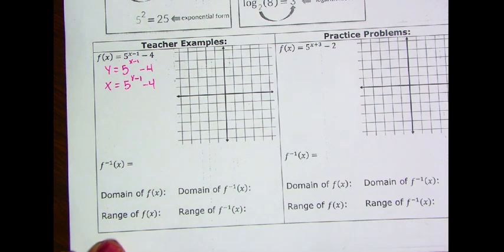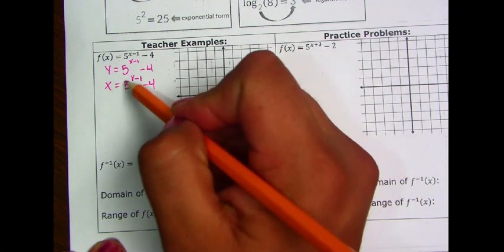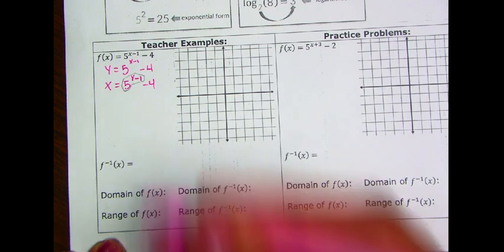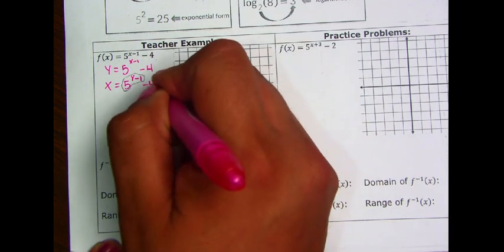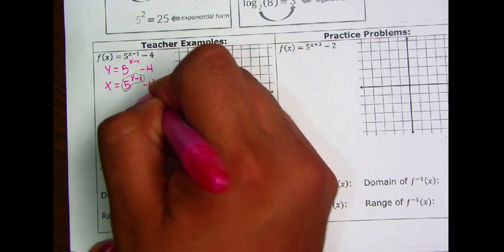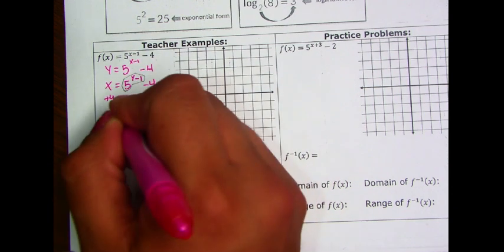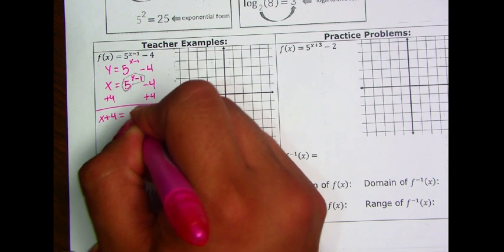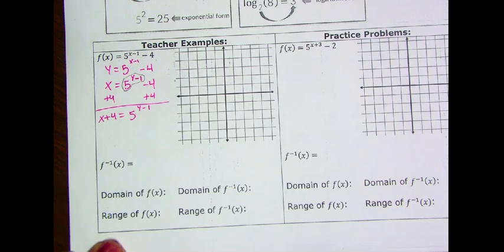Our goal is to get the exponential by itself. So that means we need to get rid of the minus 4 by doing the inverse, plus 4 on both sides. Now we have x plus 4 equals 5 to the power of y minus 1.